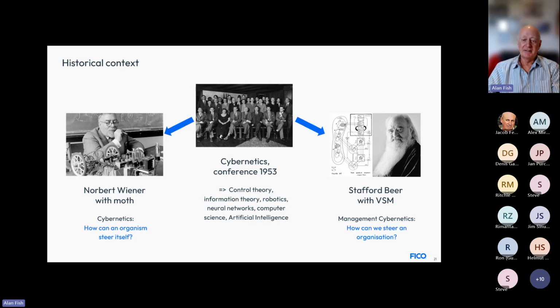On the right, this is Stafford Beer, who is one of my heroes. The question he was interested in answering was, how can we as humans steer an organization?